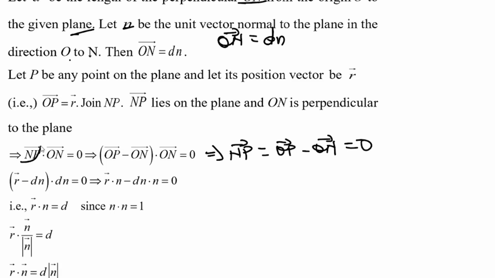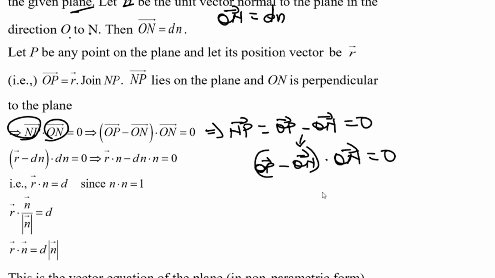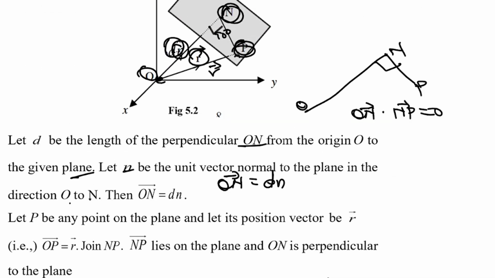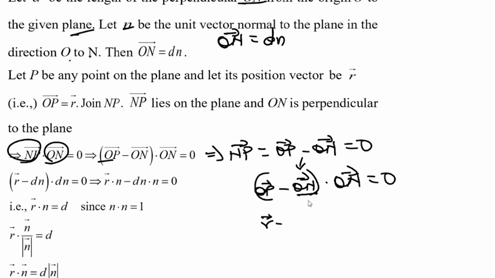So when we expand this and dot it with ON, we have OP minus ON all dotted with ON, and that gives us 0. Now let's check: our OP is r, and our ON is equal to Dn, so in place of ON we put Dn, all dotted with another ON, which is also Dn.